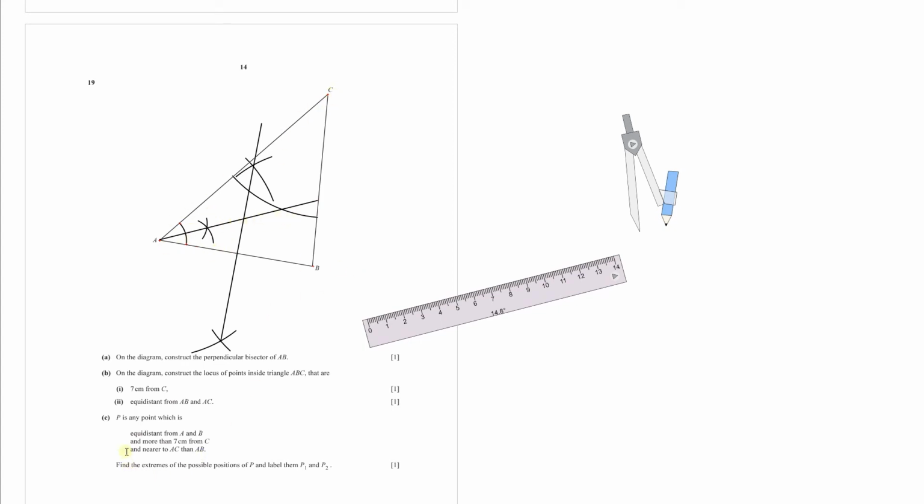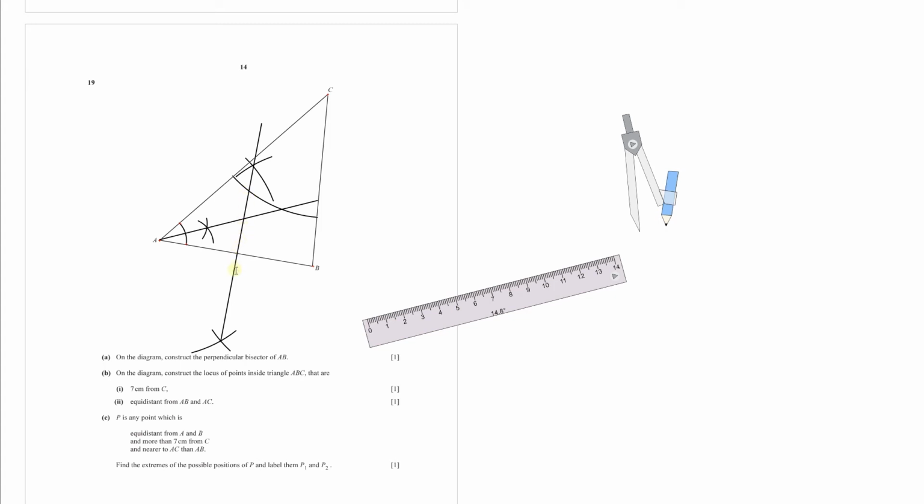So part C: P is any point which is equidistant from A and B. So that means if it's equidistant from A and B, the point P will lie on the perpendicular bisector of line AB, more than 7 centimeter from C. So if this is the line that is 7 centimeter from C, the points will lie on this line, just starting just below this arc, which is greater than 7 centimeter, and they can continue all the way down on this line.